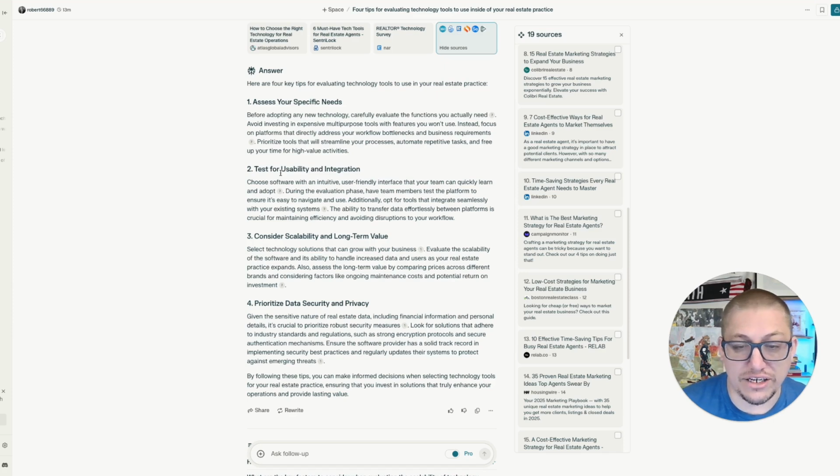Okay, the second tip here is usability and integration. And this is one of the reasons why I love Go High Level so much, because it is so simple and easy to use, even though it has so many more features than most people would actually use on a regular basis. It isn't hard to find them. It isn't hard to learn how to use them.